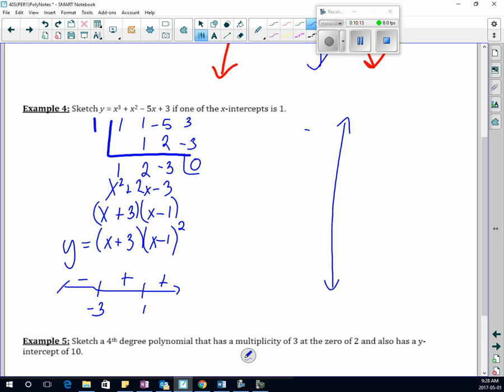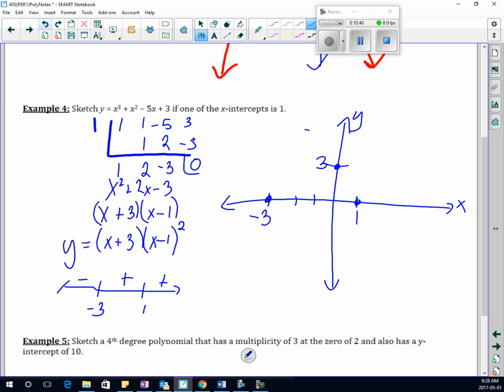So we're going to do a quick sketch. What's my y-intercept? 3. Very good. I'm just going to put a 3 on there. Then I'm going to go 1. Then 1, 2, -3. Okay.